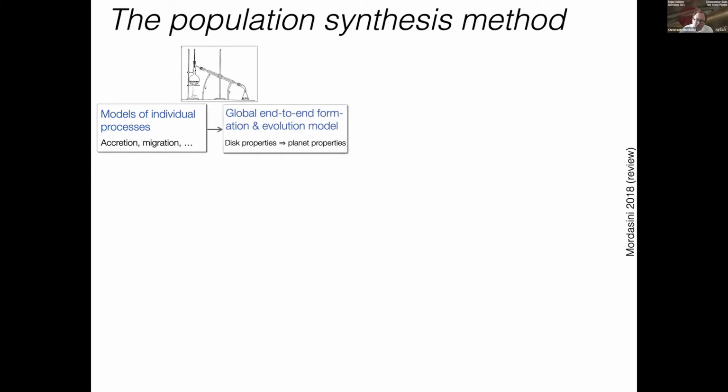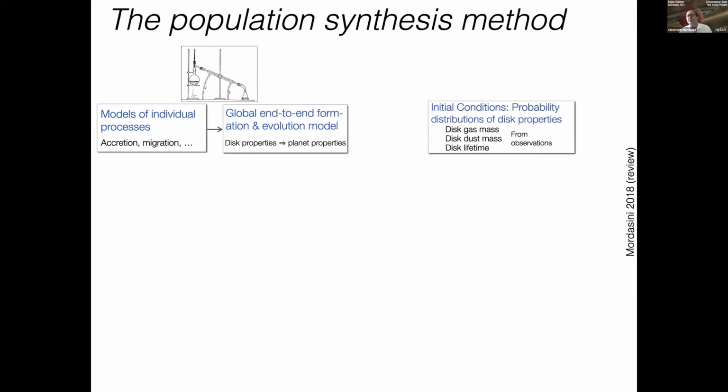And now, what also comes in are the disk properties, because the protoplanetary disks are, of course, the initial and boundary conditions for planet formation. And what we know from observation is that not all disks have the same properties.